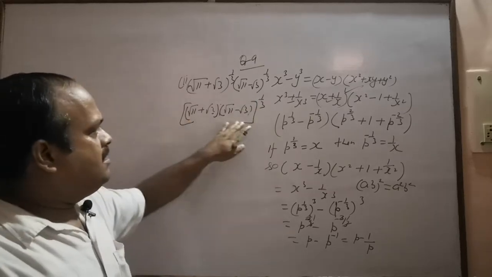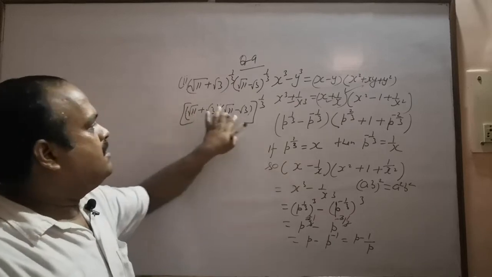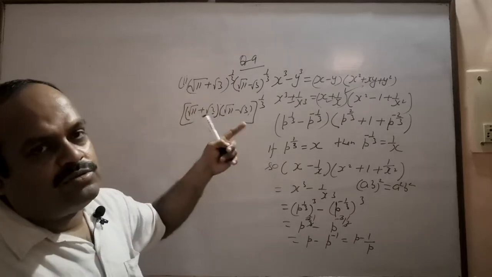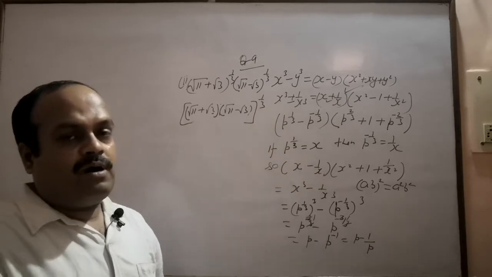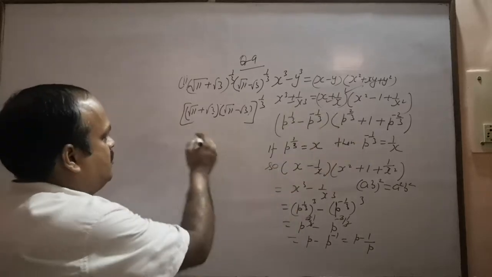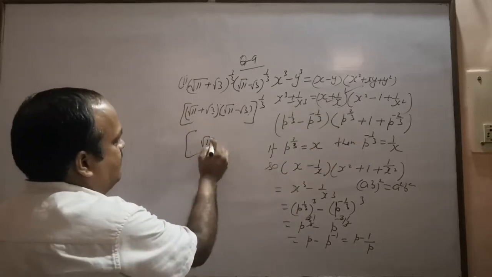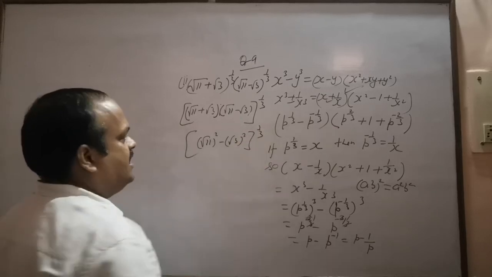In the bracket, just look at the terms. Root 11 plus root 3, root 11 minus root 3, which is in the form of a special product a plus b and a minus b. So it gives the answer root 11 square minus root 3 square.